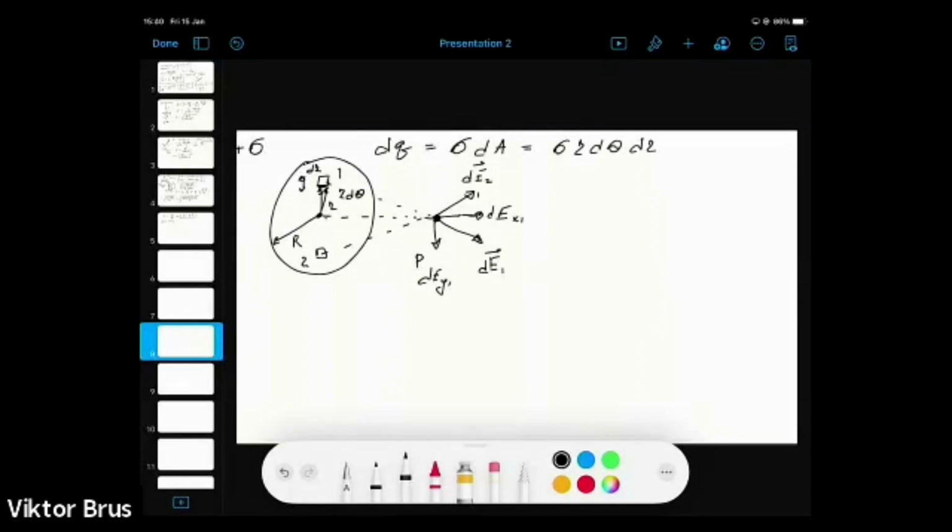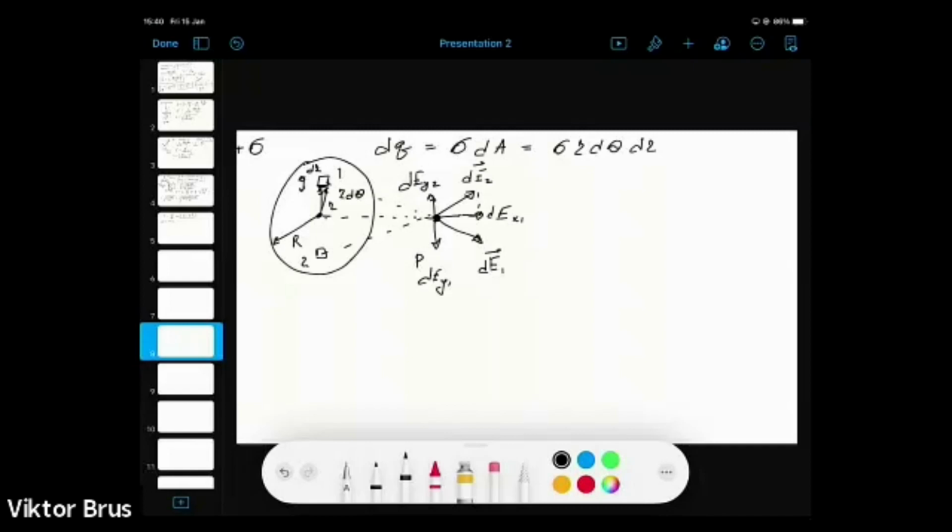The same, we will have a projection on axis x and a projection on axis y, dEx2 and dEy2.